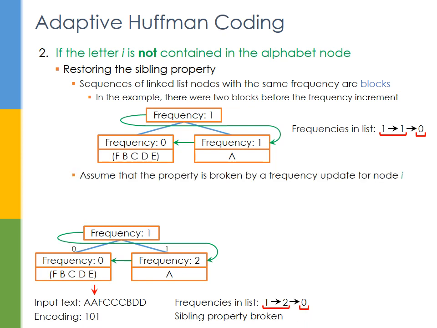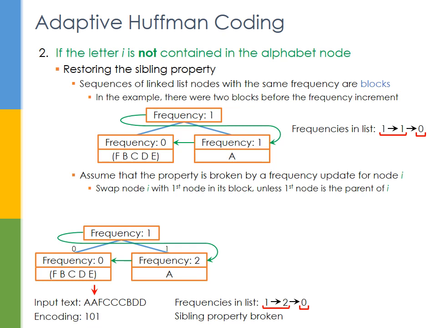Now if we assume that the sibling property has been violated by a frequency update for node I, which in this example is the node that contains the letter A, then we need to swap I with the first node in its block, unless that first node is the parent of I.